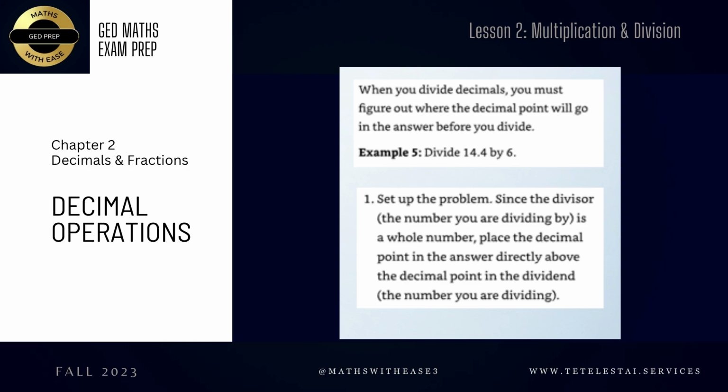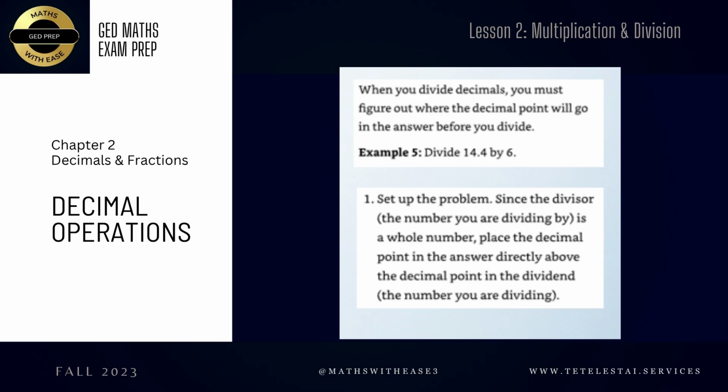So for a decimal division, you need to figure out where the decimal point will be placed in your answer prior to dividing. So in this example, we need to divide 14.4 by 6. So your divisor, or the number that you're dividing by, is 6, and it's a whole number.